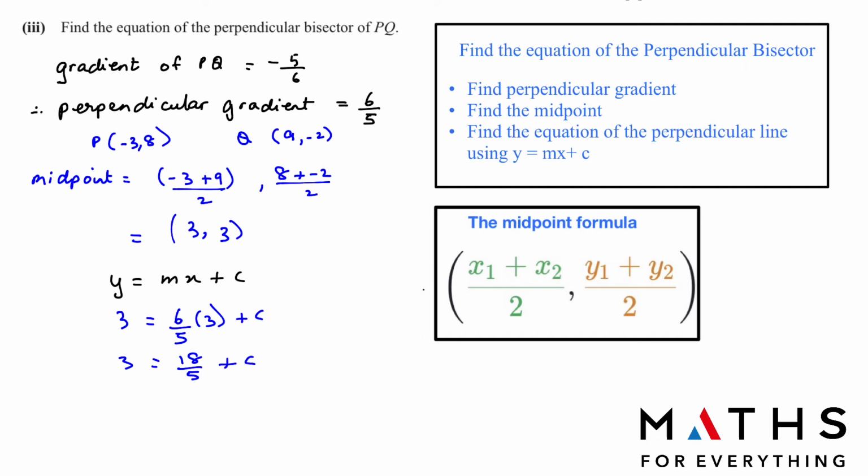Shift the 18/5 to the other side, the sign will change. And that will give us our c, which is -3/5. Now we just have to replace the m, which is 6/5, and our c, which is -3/5. So this is how you find the perpendicular bisector.